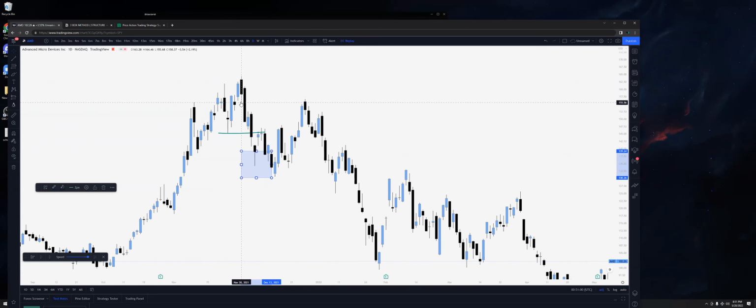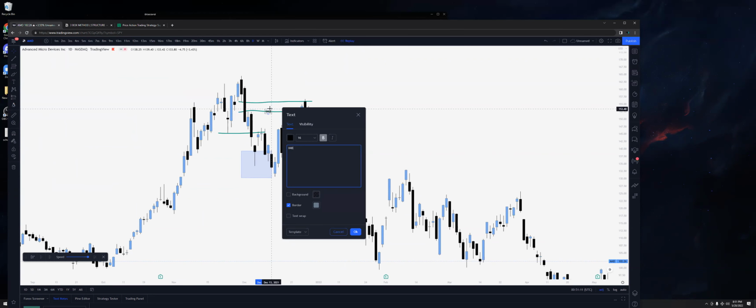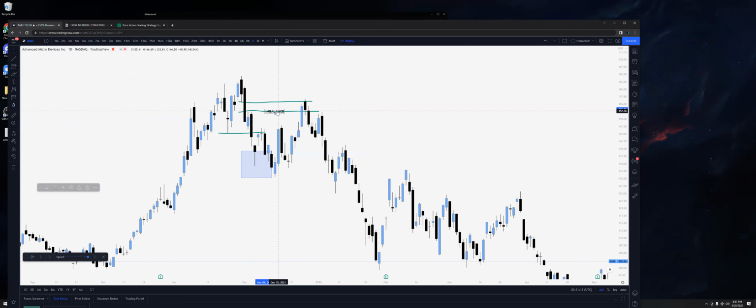It's going to target this imbalance here. Because remember, this right here is a gap. That's an imbalance. And what do these banks do? They come right back up and mitigate those areas. And when it comes into those areas, price drops.